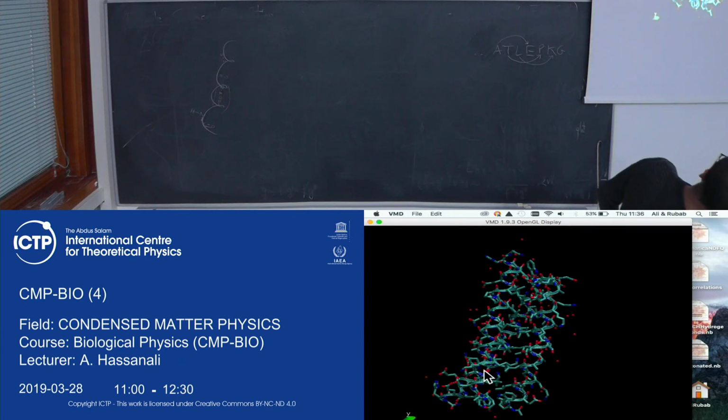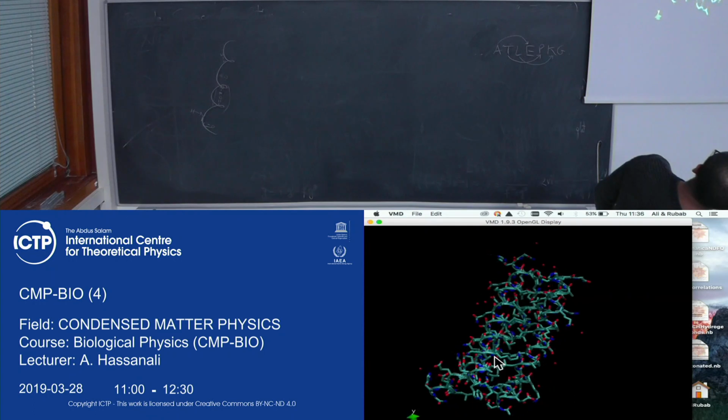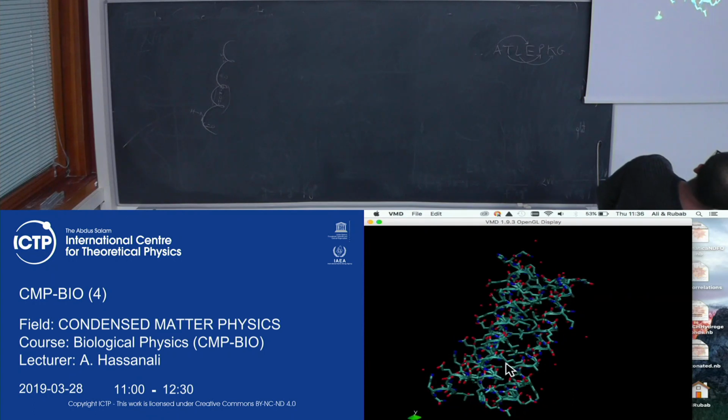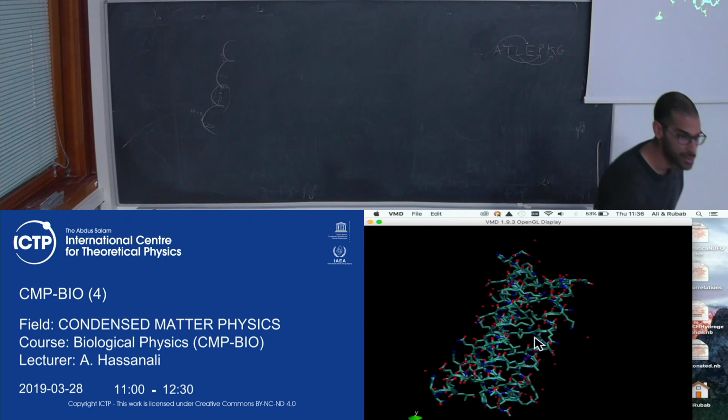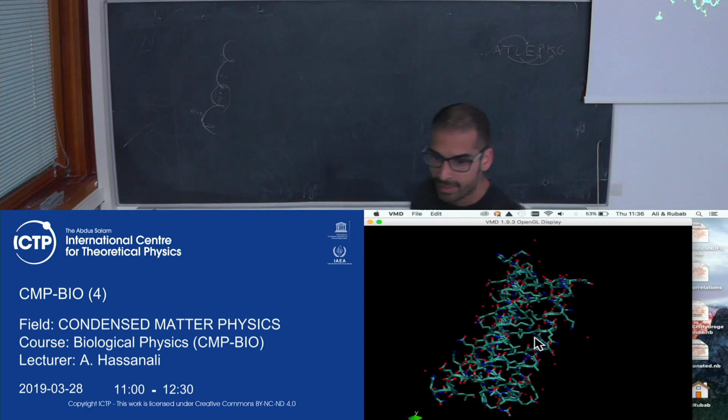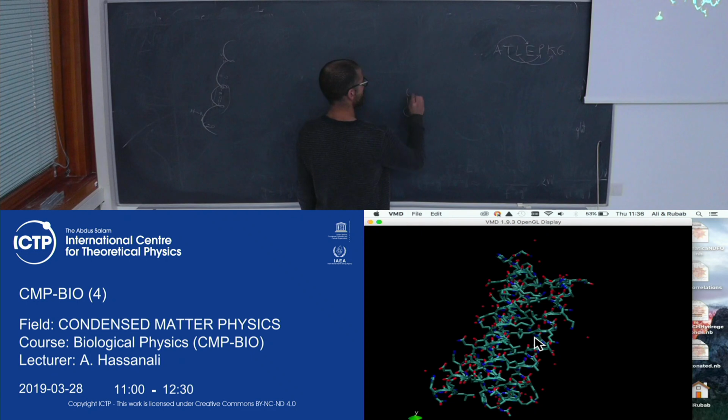Let's look here at the backbone. So remember we discussed the bond dipole. This is the CO group, and there's a nitrogen here, but what's missing? I have something that looks like this.